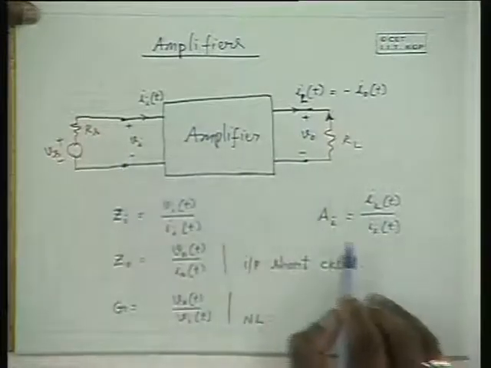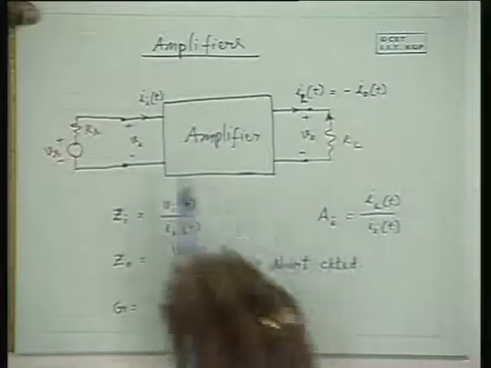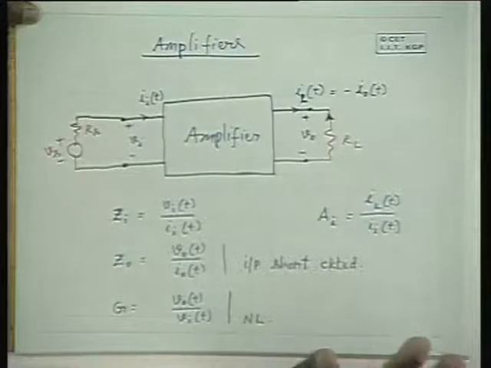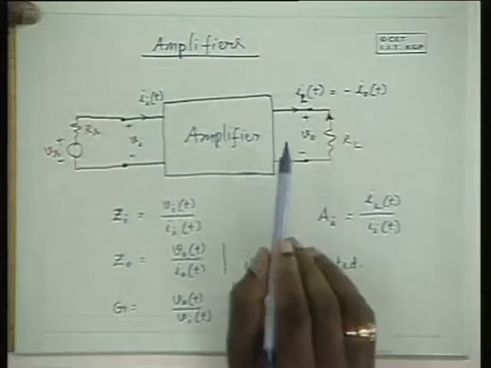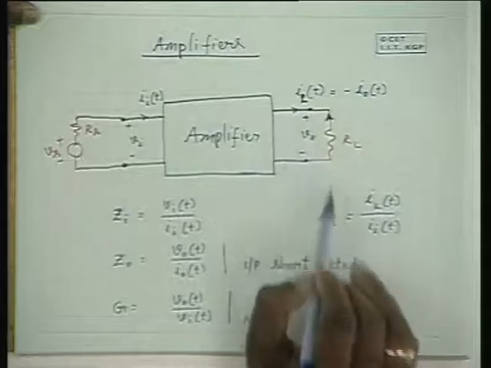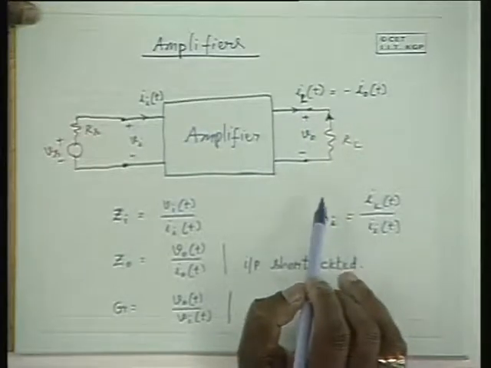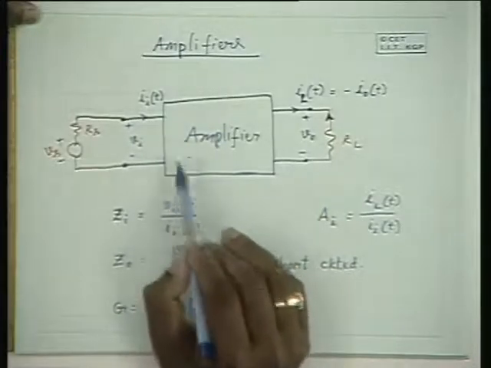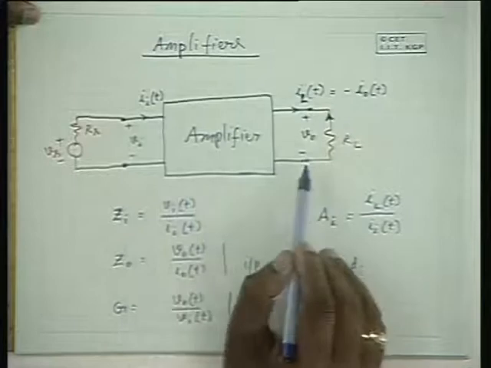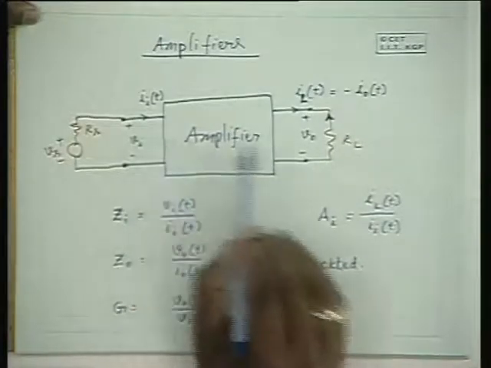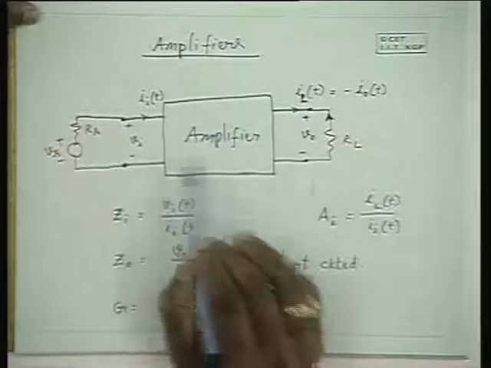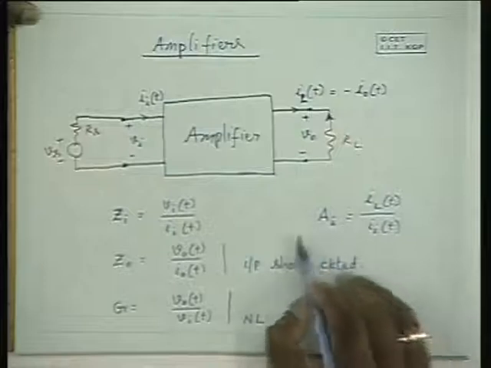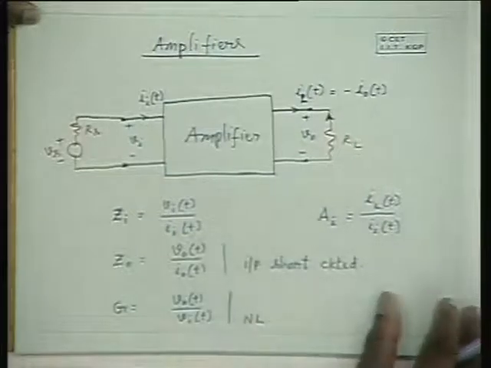Now, let us obtain an expression for the current gain in terms of the voltage gain, input impedance, output impedance, load resistance and so on. Please note that the output current depends on the output voltage V0T, and the input current depends on the input voltage VIT and Ri or Zi. Hence, these are all dependent. The Zi, Z0, voltage gain and the current gain are dependent on each other. So let us find an expression for AI in terms of the others.